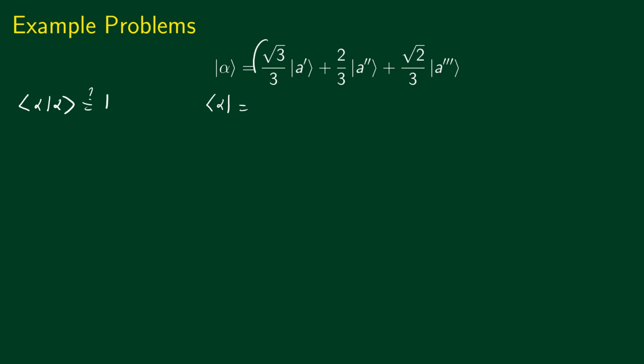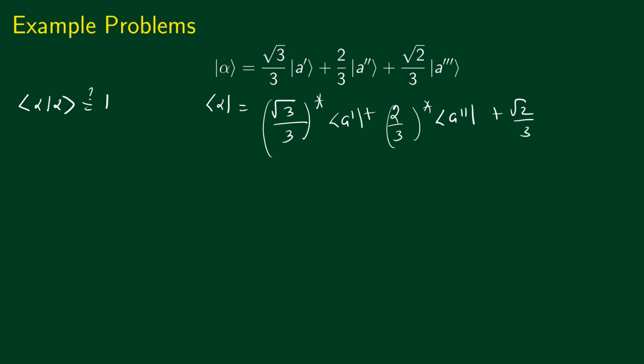But here all we have are real numbers, so the complex conjugation doesn't change anything. Anyway, let's write it like this. This becomes root 3 by 3 star, bra A prime, plus 2 by 3 star, bra A double prime, plus root 2 by 3 complex conjugate, bra A triple prime.